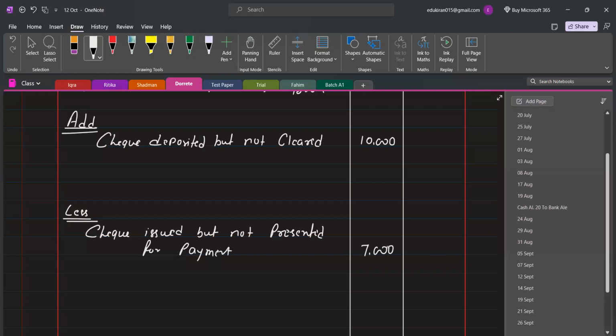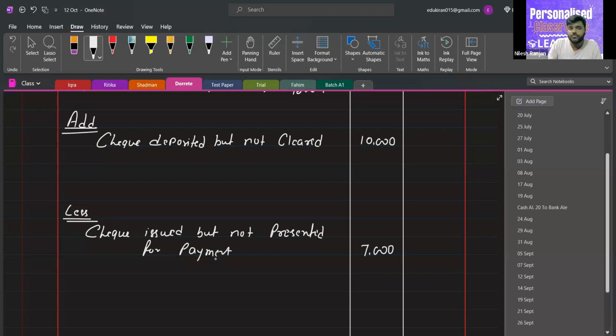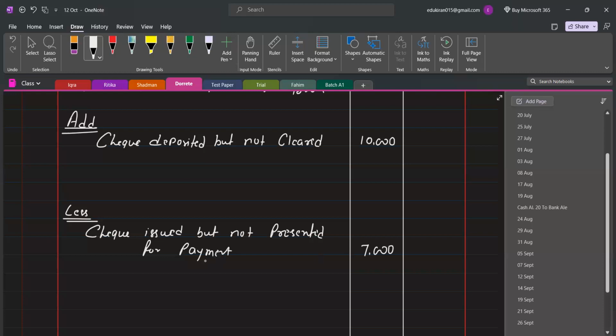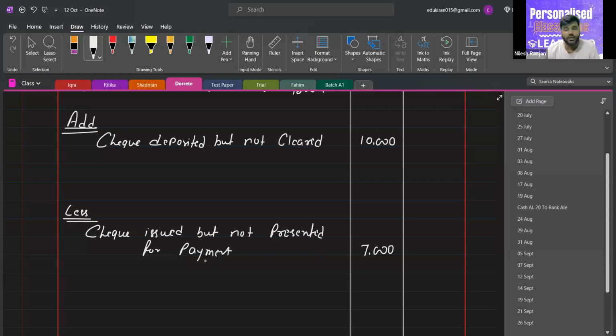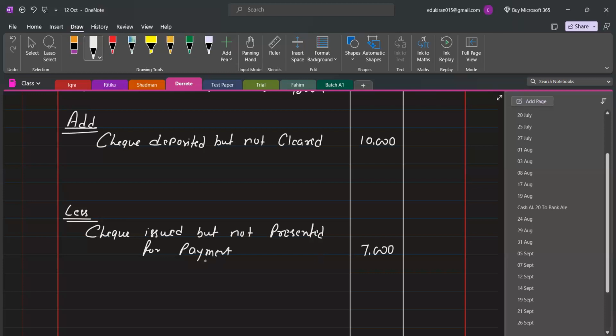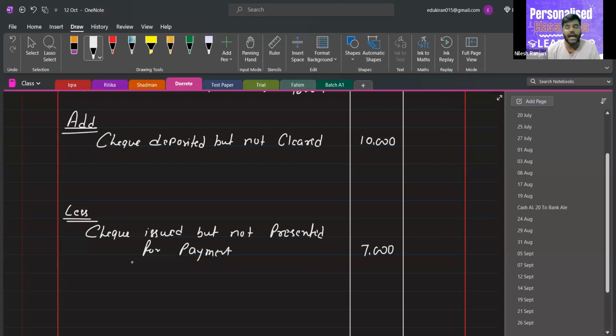So we have to decrease our cash, meaning in the less column. No, sir, it will be written in the add column.